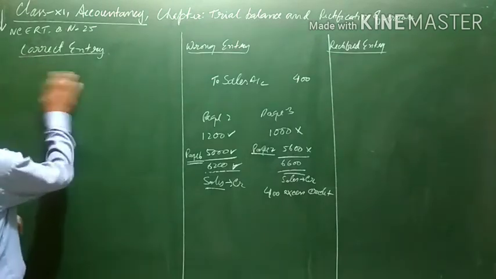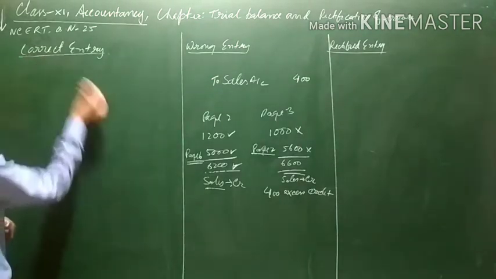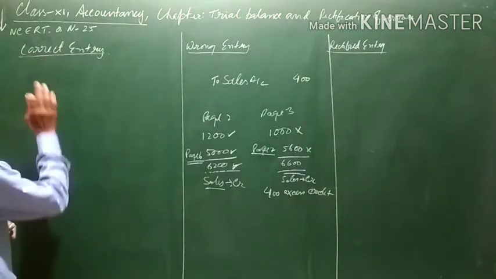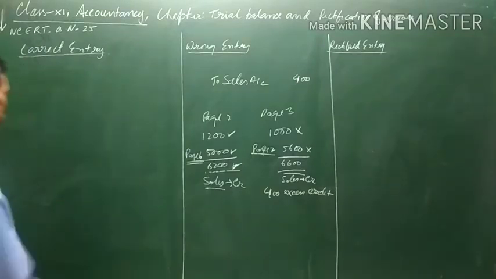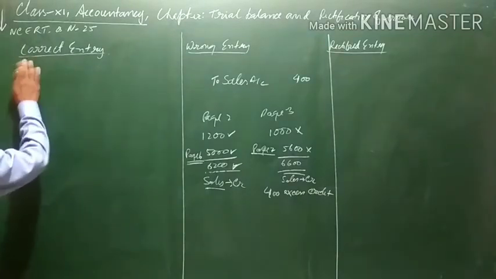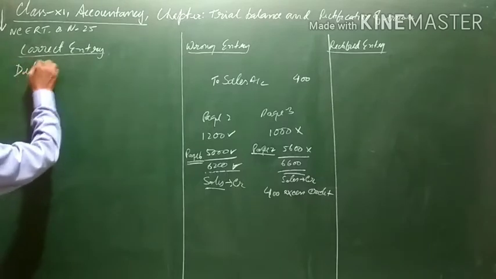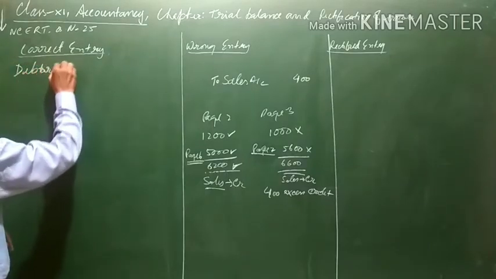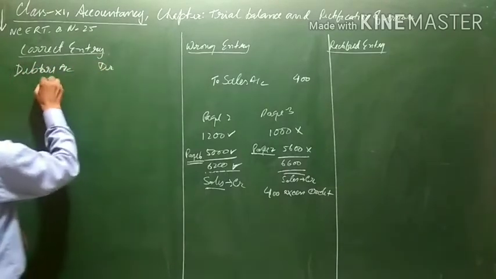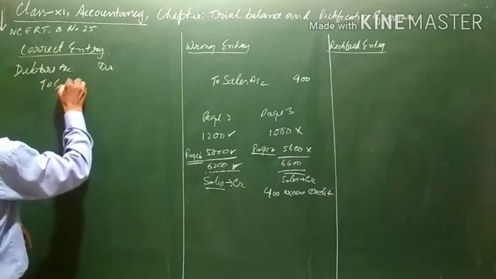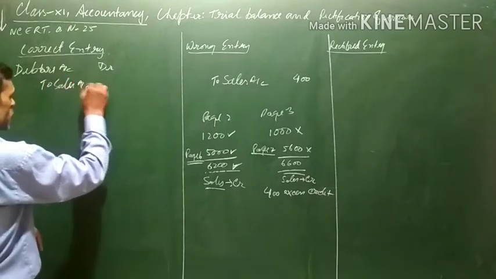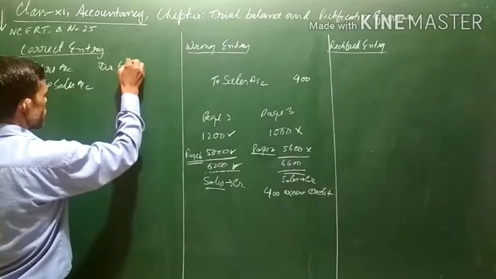Although, whether it is a credit or cash sale is also not mentioned, assuming that it is a credit sale, you can write it as debtors account debit to sales account 6,200.